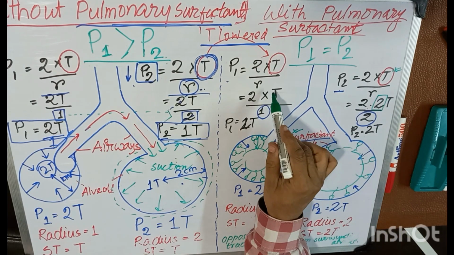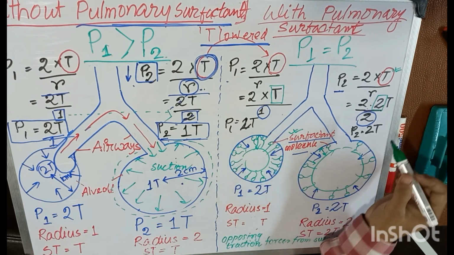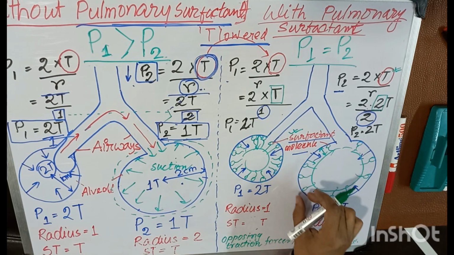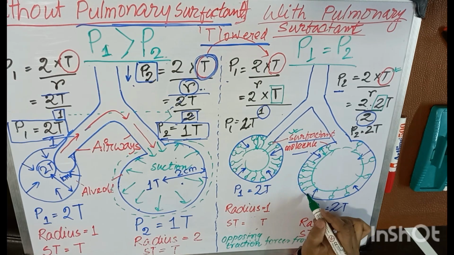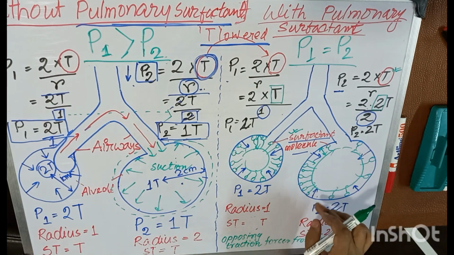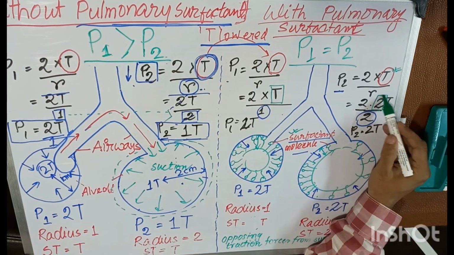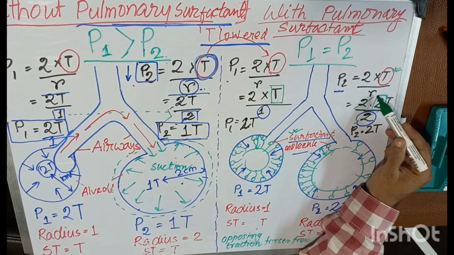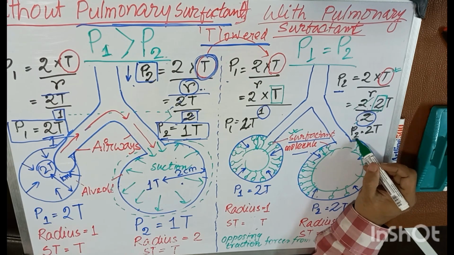The T that was present here was, say, T, and this is getting higher because of the lower density of these molecules, because the fatty layer is now spread across the alveolar wall. So there is an increase in surface tension from T to 2T, and this 2 cancels out from the numerator and the denominator.